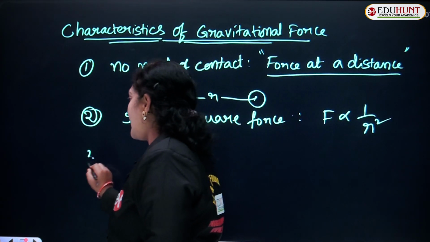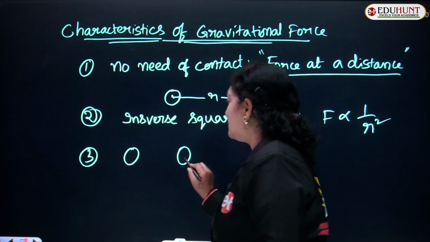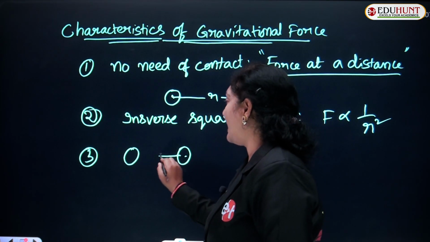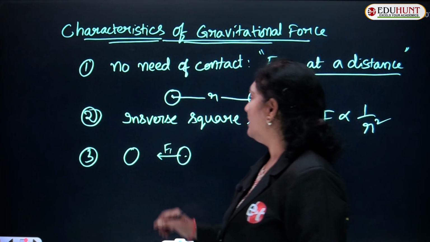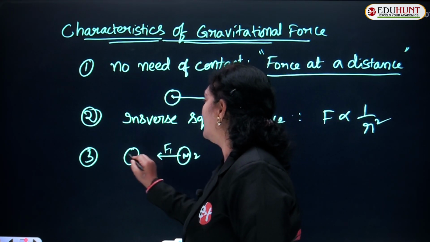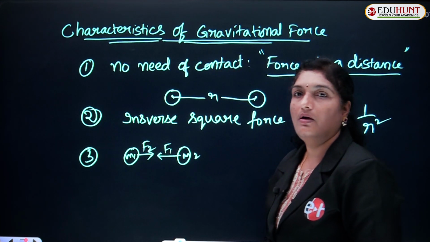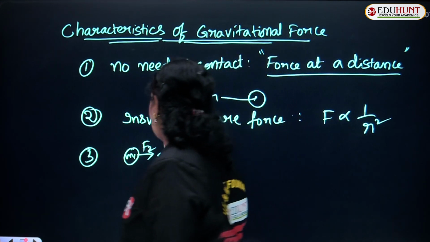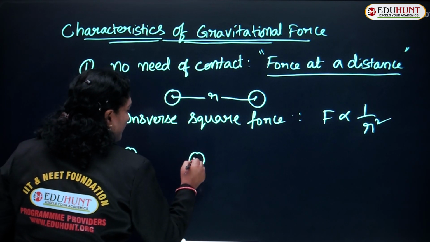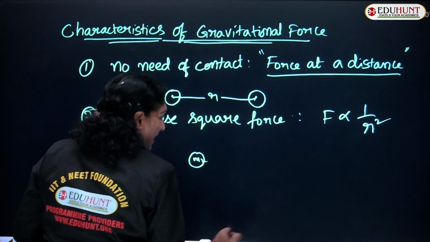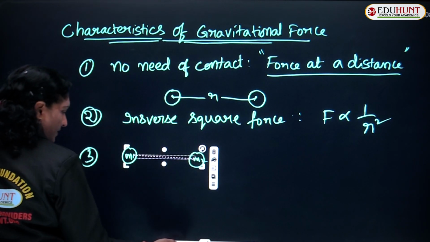And third, as we have discussed, if the second body attracts the first body with some force, and the first body attracts the second body with some force. I'll write it like this: M1, and here M2, with a line joining the two.